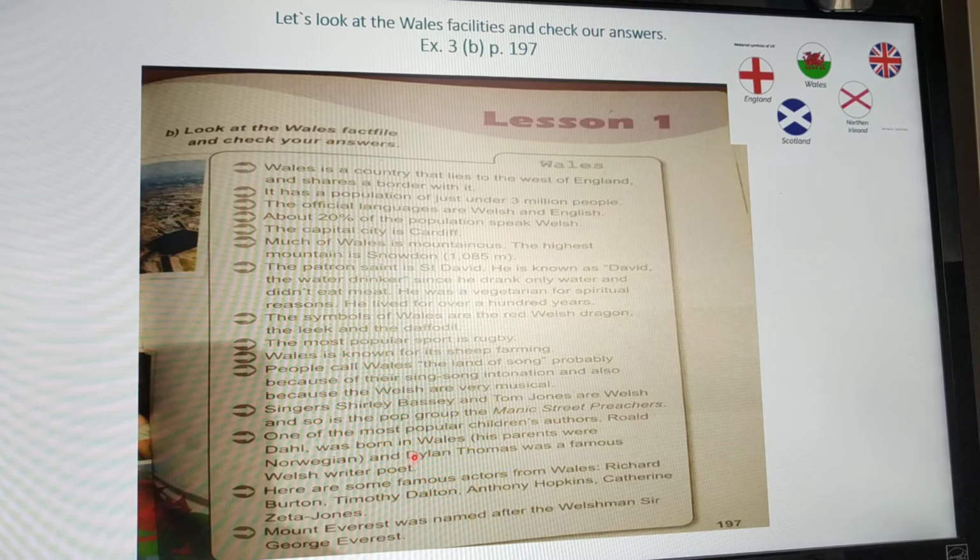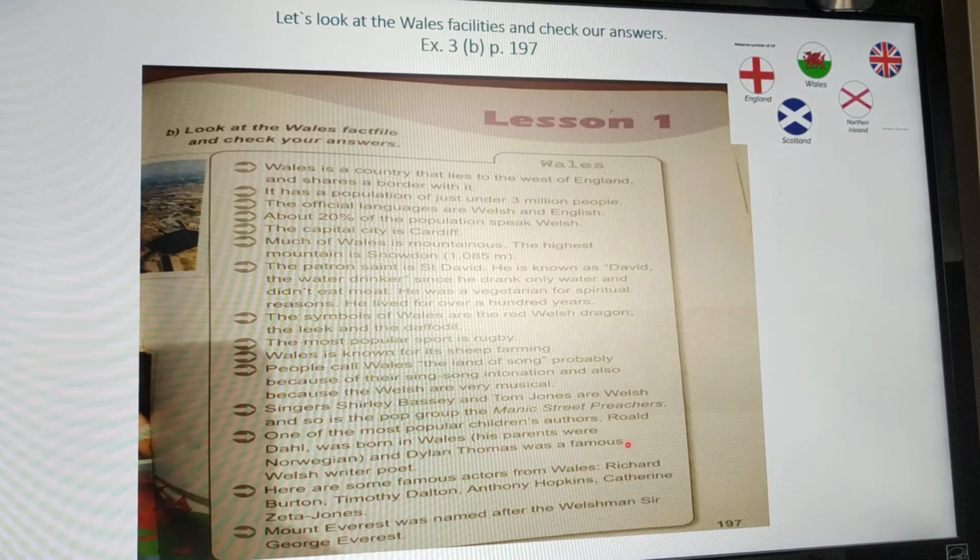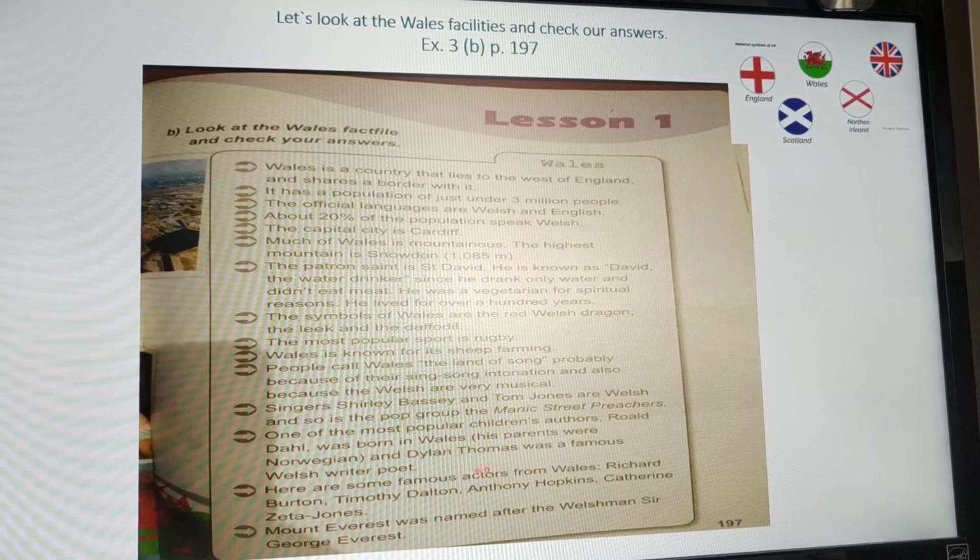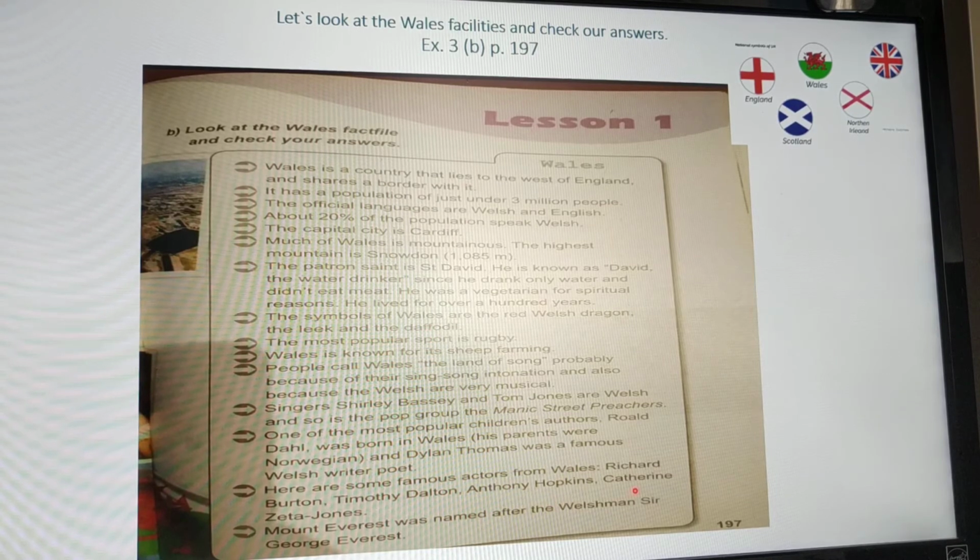One of the most popular children's authors, Roald Dahl, was born in Wales. His parents were Norwegian, and Dylan Thomas was a famous Welsh writer and poet. And here are some famous actors from Wales: Richard Burton, Timothy Dalton, Anthony Hopkins, Catherine Zeta-Jones.